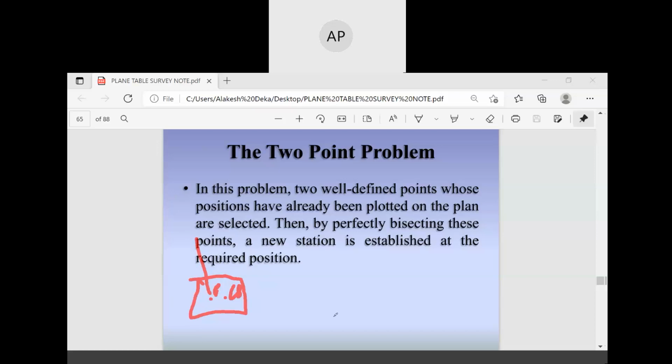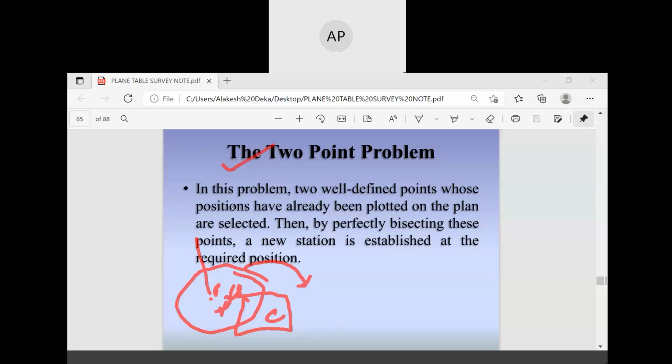You just picked up all the tables and instruments and you went home, isn't it? And the next day, when you come to the field, how do you find these 2 points P and Q? So you have to find this missing point. Okay. For this purpose, we do the two-point problem.